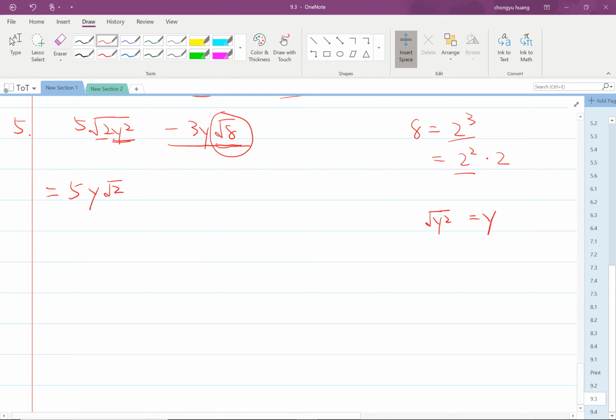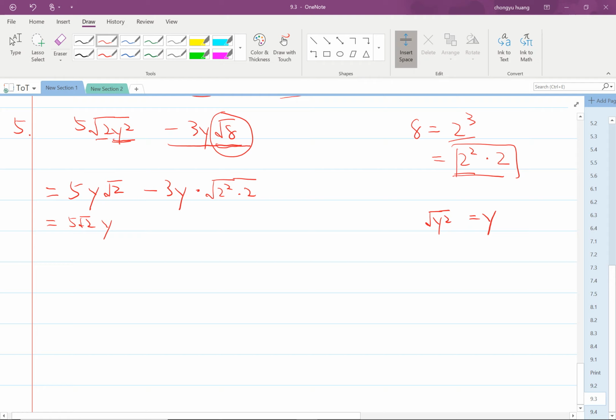Okay, and for the next term, you write down negative 3y, and over here you see that square root of 8 is actually equal to the square root of 2 to the power 2 multiplied by 2. Let me write this in a better way, rearranging it.